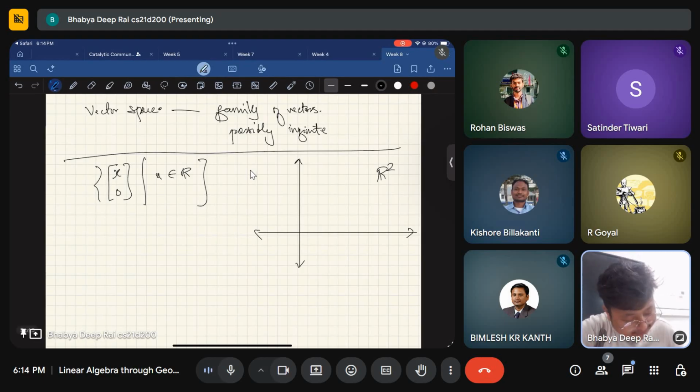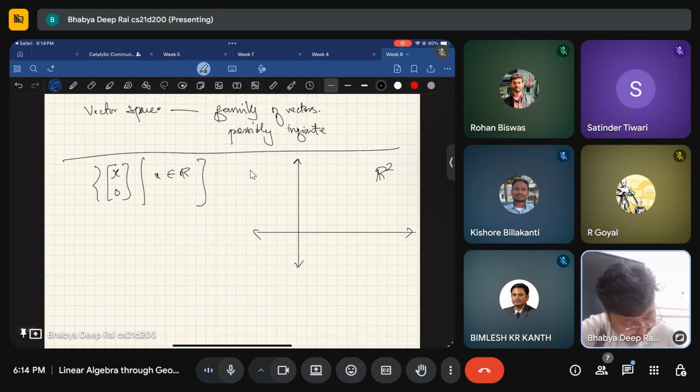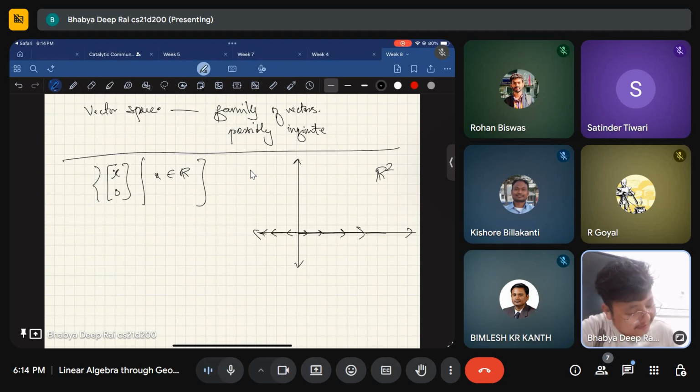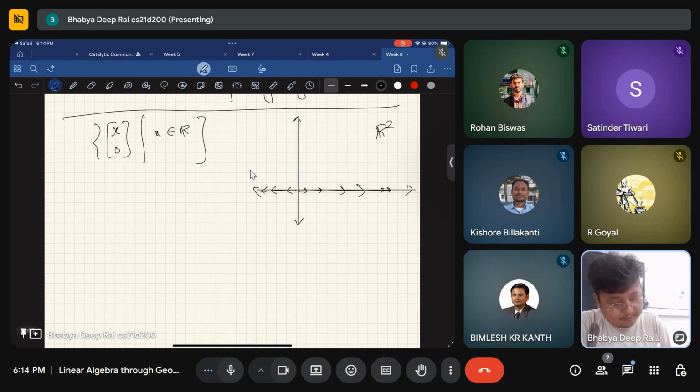Well, this represents all the vectors that lie on the x-axis, or you can say vectors lying parallel to the x-axis.